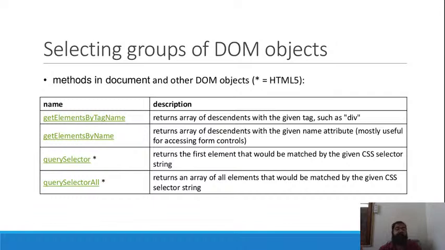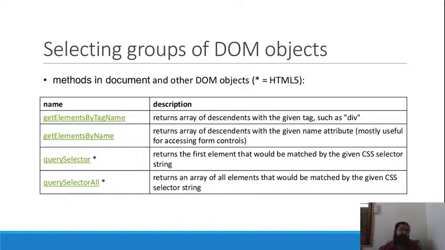And then you have getElementsByName, which returns an array of descendants with the given name attribute, okay. And then you have querySelector, which returns the first element that would be matched by the given CSS selector string. Okay, and then you have querySelectorAll, which will return an array of all elements that would be matched by the given CSS selector string.